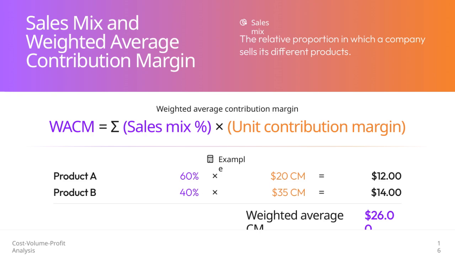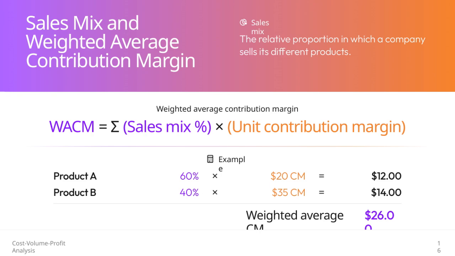The weighted average contribution margin, or WACM, is calculated by multiplying each product's sales mix percentage by its unit contribution margin, then summing these amounts. For example, if product A represents 60% of sales and has a contribution margin of $20 per unit, its weighted contribution is $12.